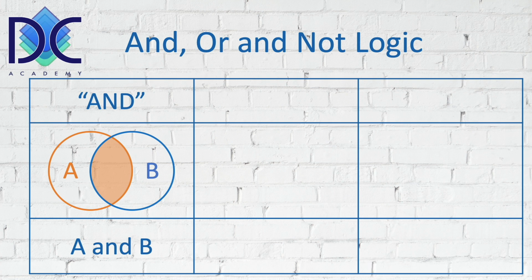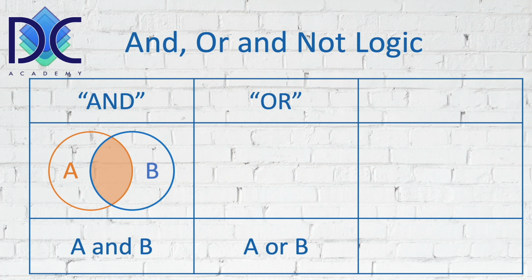We call it A. We have a group of data B, in the second, blue Venn diagram. When we say there are certain properties that A and B have, it means A and B, and it's the colored intersection of A and B. So here properties A and B should both be compliant.